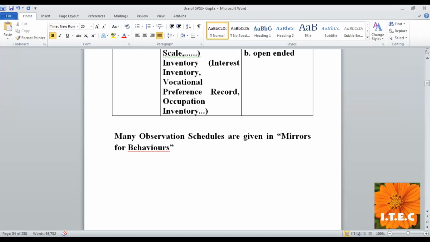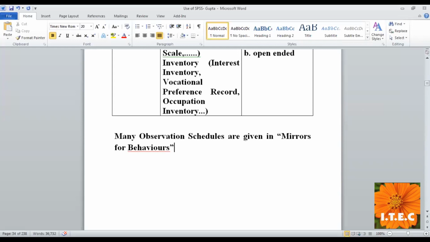Then it is unstructured. So a structured interview schedule will be used when you want to collect information from different areas, and unstructured when you want to collect information related to a particular aspect, going deep into it.